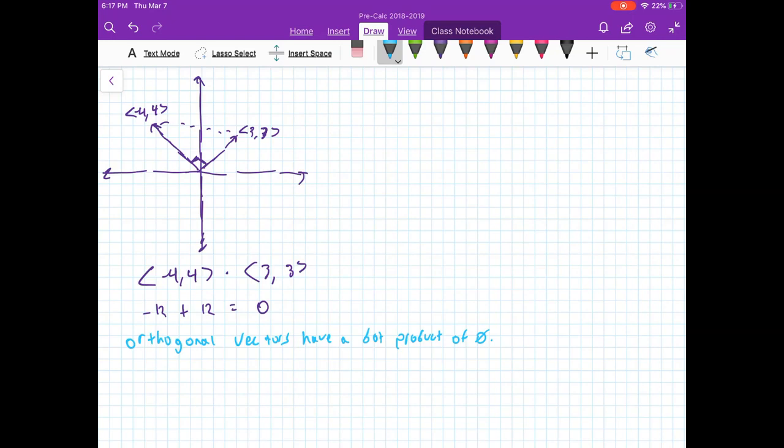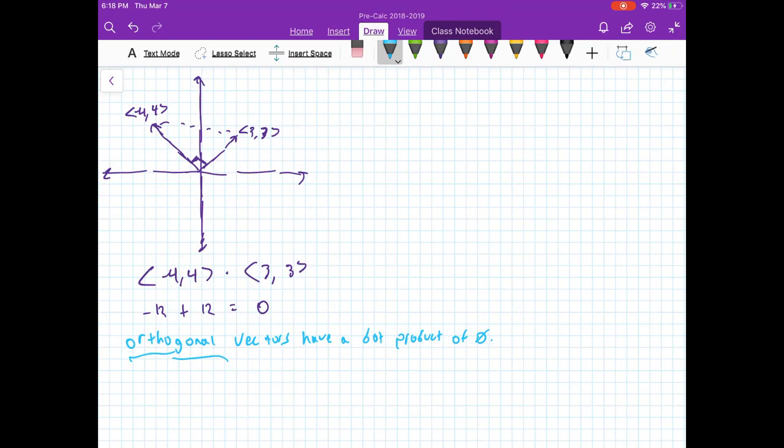Now, this word orthogonal might seem daunting and strange, but literally all it means is comprised of right angles. So anything we say is orthogonal is comprised of right angles. It might seem like some weird voodoo term, but it just means it's made of right angles. So if you have a dot product of 0, they are made of right angles, which means they're orthogonal. Great.